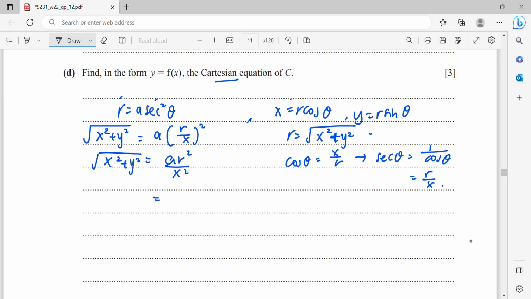So I will get x squared plus y squared. Then this x squared can be moved up. Then we may square both sides.